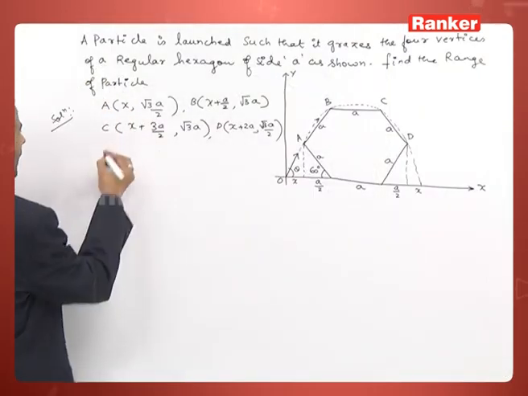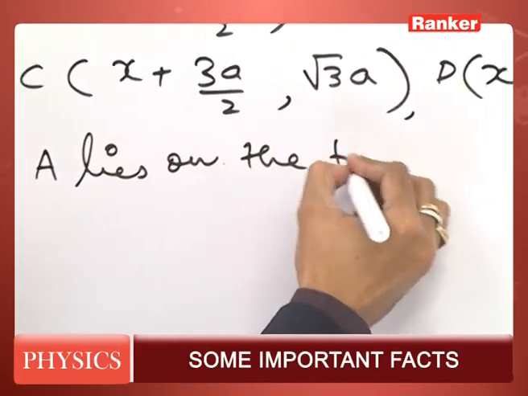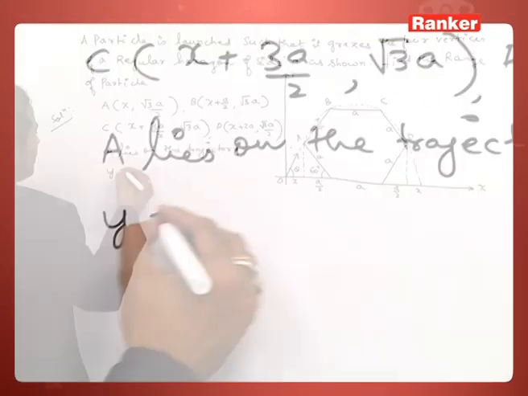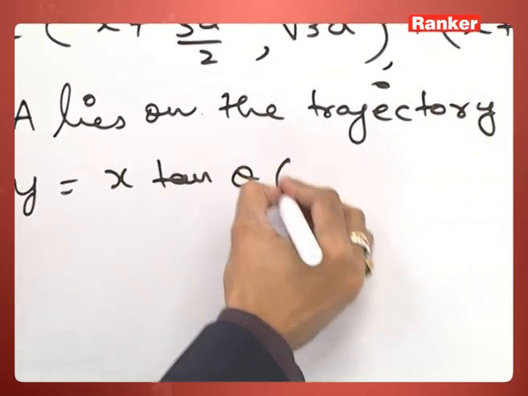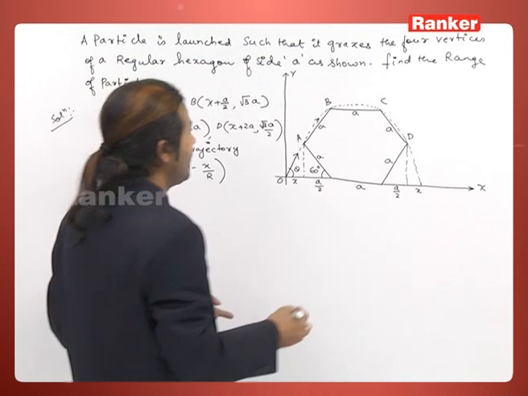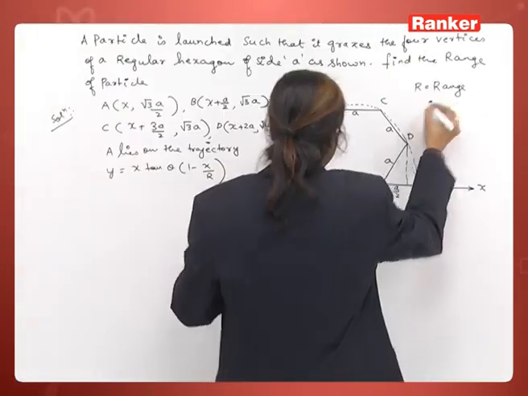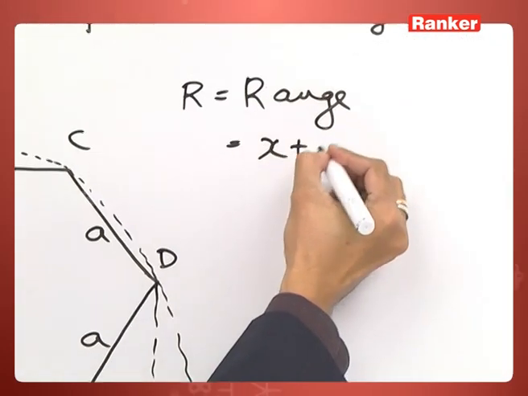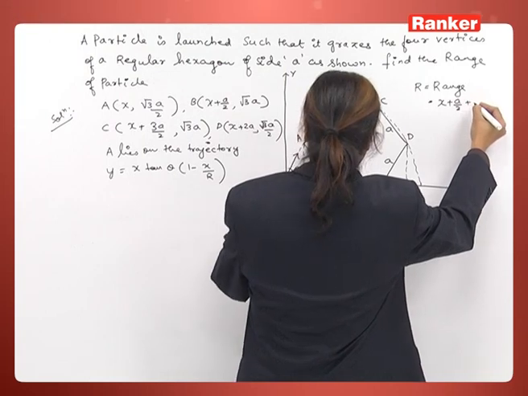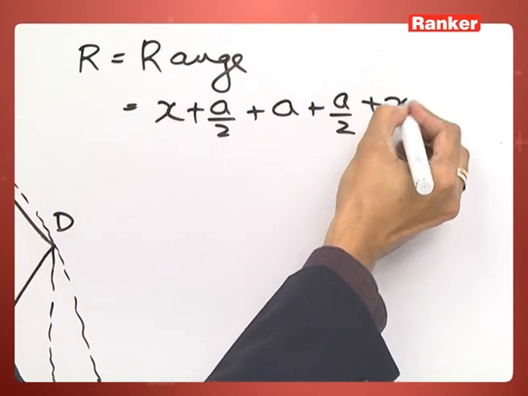Now A lies on the trajectory, so I can write y is equal to x tan theta into 1 minus x by r. If you remember this, let us have the range of the particle. R is range, which is x plus a by 2 plus a plus a by 2 plus x.